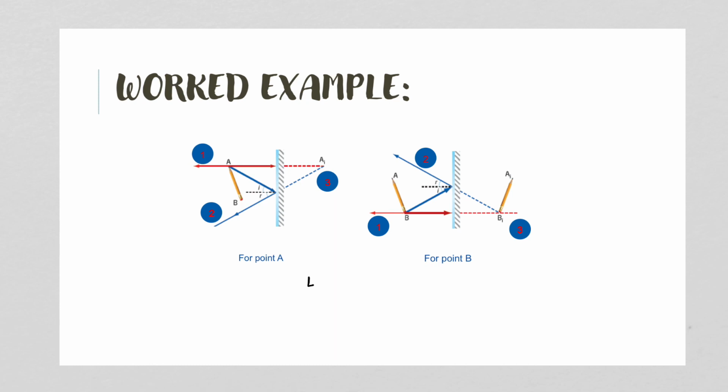So the location is the same distance from the mirror as the object, but behind the mirror. It's not really behind the mirror, but you know what I'm trying to say.